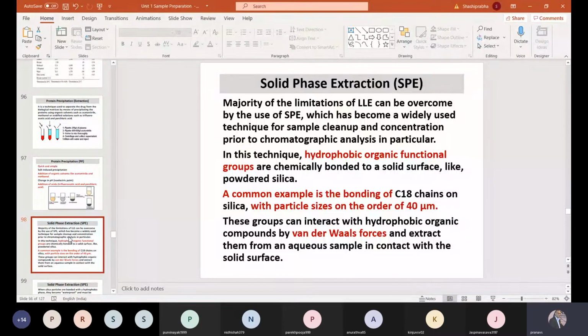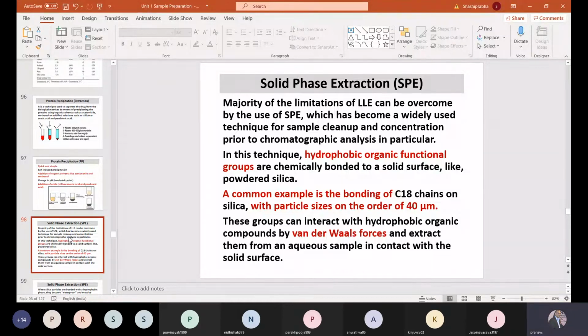Sensitivity, I would put at number 2, for the simple reason that when we work with real samples, unknown samples, selectivity dominates when we compare it with sensitivity.